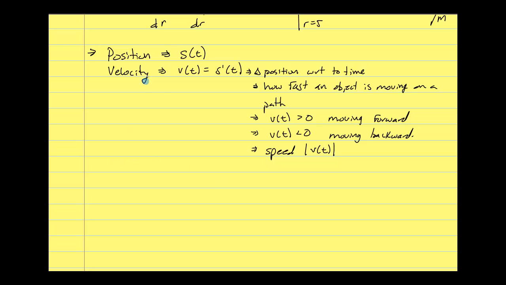Now, if I want to take another derivative, the derivative of position is velocity, the derivative of velocity is acceleration. So acceleration is denoted a of t. It's the first derivative of velocity, or the second derivative of the position function. And basically what acceleration is, this is the rate at which a body's velocity changes.